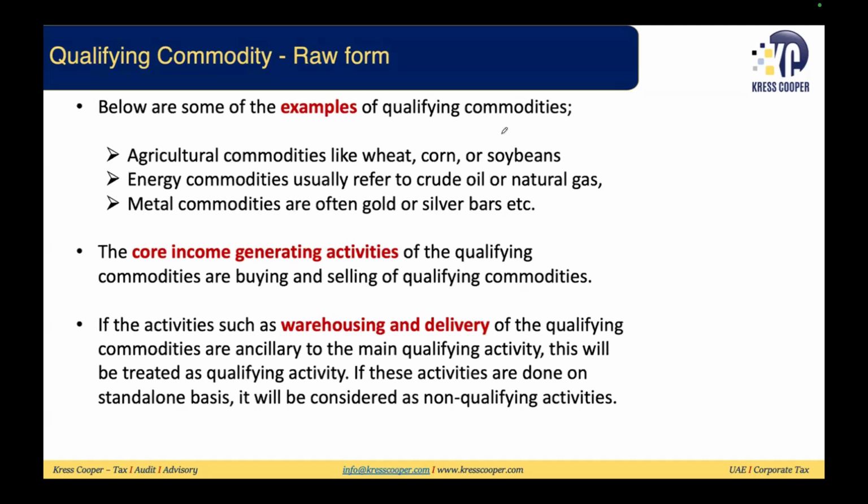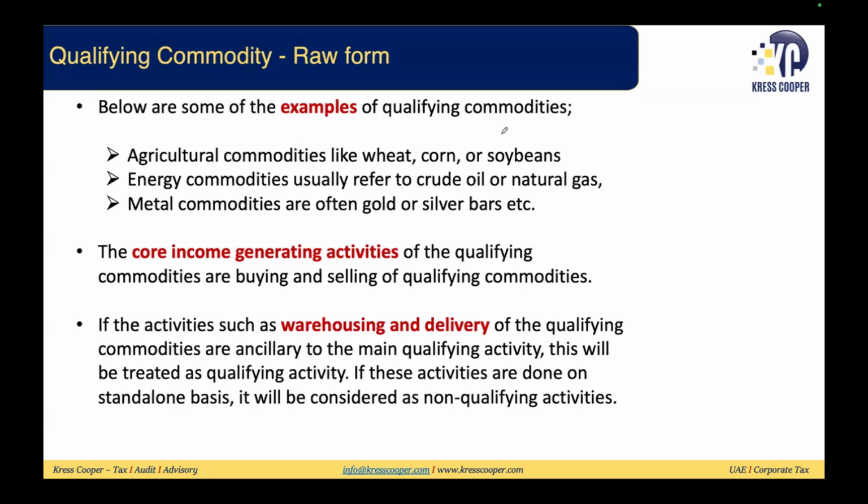If the qualifying activity of the qualifying free zone trader is buying and selling of the goods, there can be ancillary activities, like warehousing and delivery. Whenever you are buying the goods, you are storing, then you are selling to the customer. This buying, storage and transportation is ancillary activity. Buy, storage and delivery is ancillary activity, so it will be considered a qualifying activity as well.